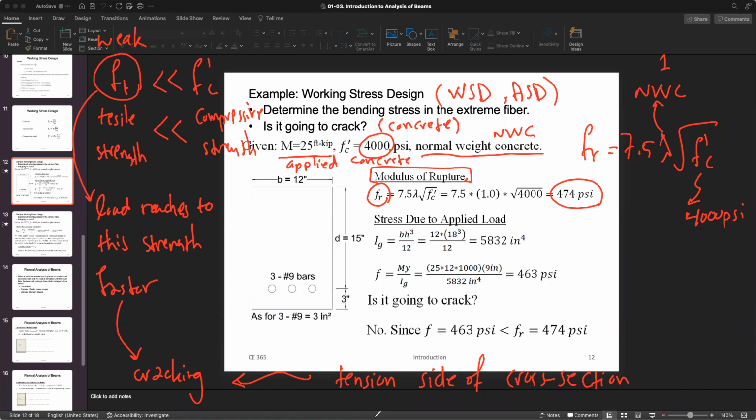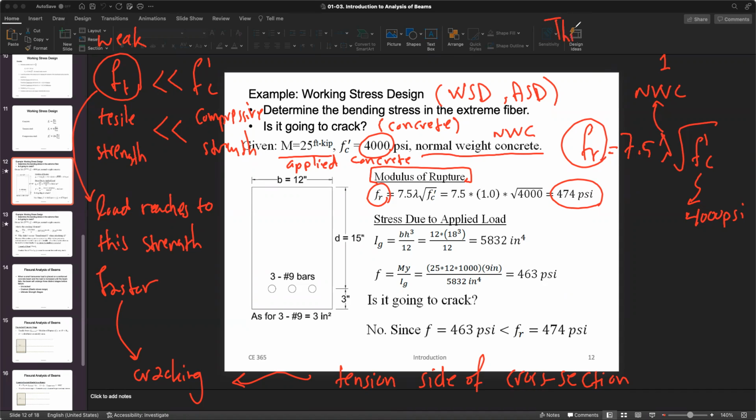Okay. Now that you know this is your threshold, does that make sense if I tell you this is your threshold? This FR is the amount of stress that if you reach it, you're going to crack. Sure, let's just write it.